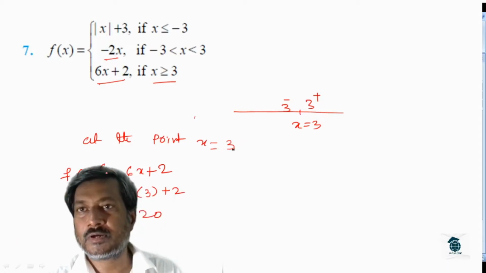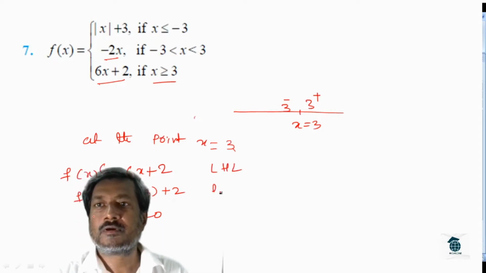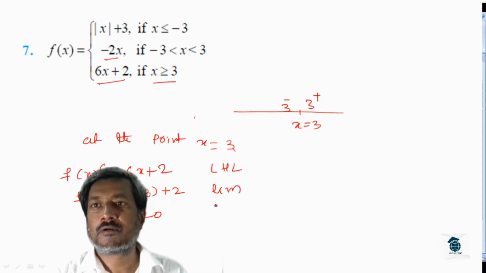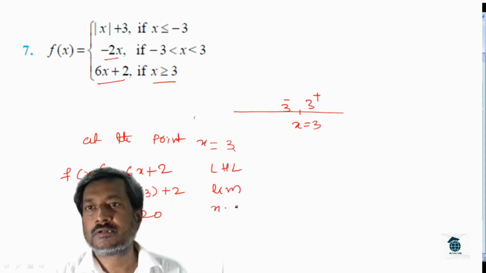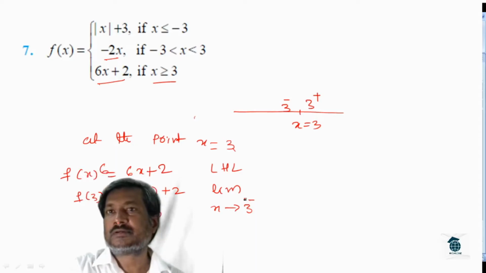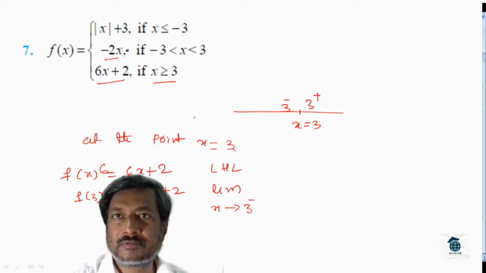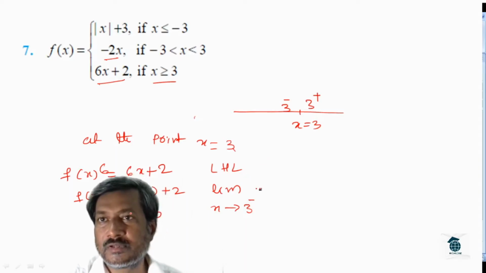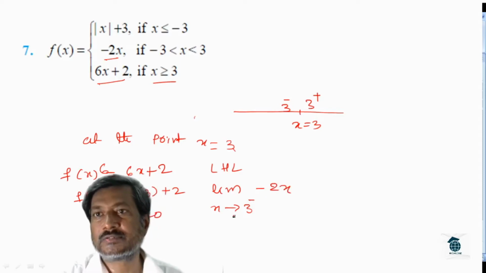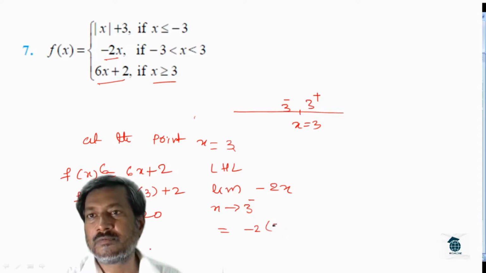So now go for LHL: limit x tends to 3 minus. 3 minus means less than 3, and for x less than 3 we have to consider minus 2x. Substitute these values: minus 2 into 3, so this becomes minus 6.